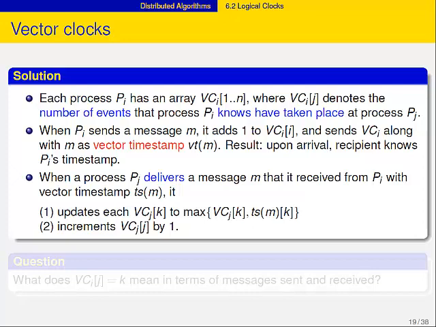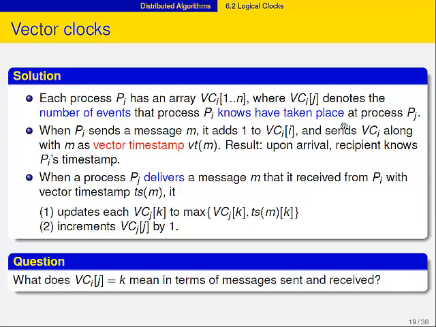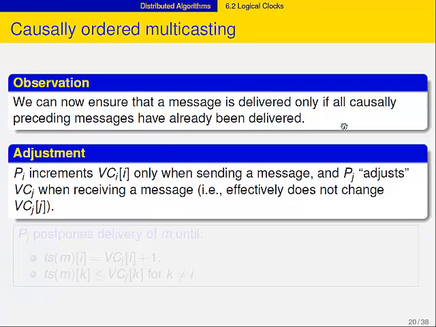And what I do is I keep track of what's going on in the entire system. Every process maintains an array of clocks where VC[i][j] means the number of events that process Pi knows have taken place at process Pj. Okay? And I have to make one important assumption, and hope it's on this slide.